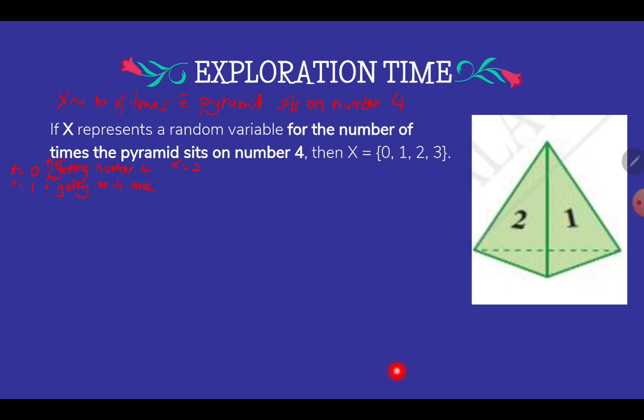X equals 2, getting number 4 twice. X equals 3, getting number 4 thrice. Okay, so you need to understand what it means. Okay, next.